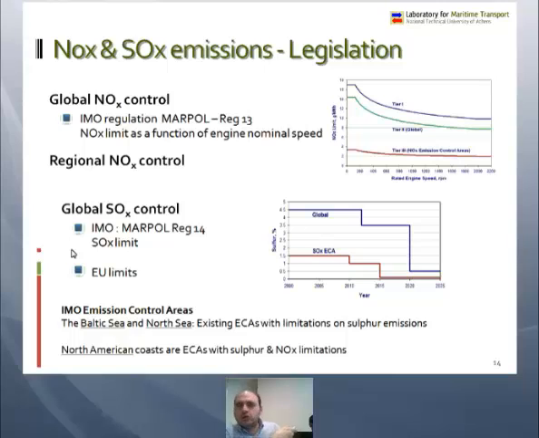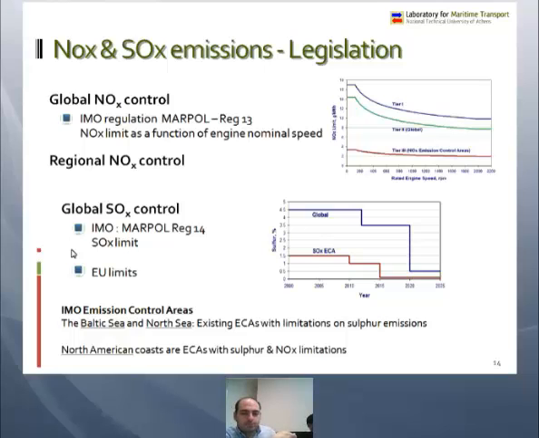For SOx, we do have caps on the sulfur content. There is a global cap of 4.5% sulfur in all fuels that we use in shipping, and we have these emission control areas where the cap on sulfur content is much lower, and this is expected to become lower and lower.